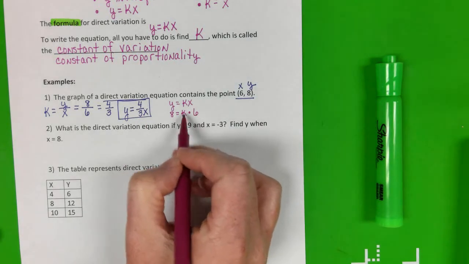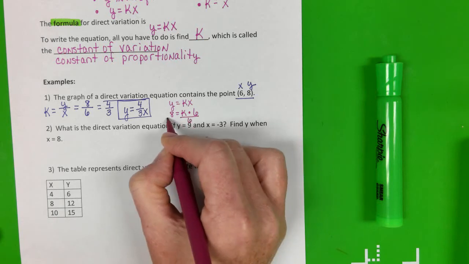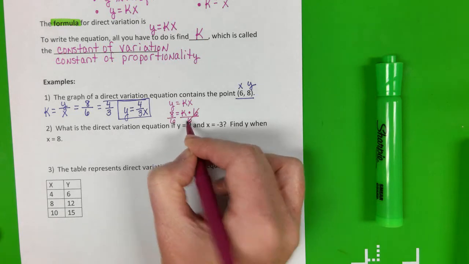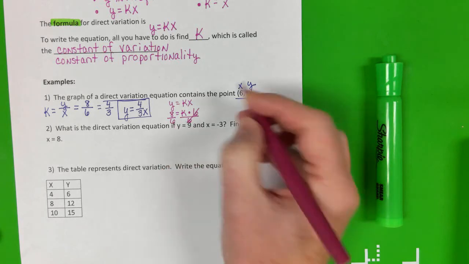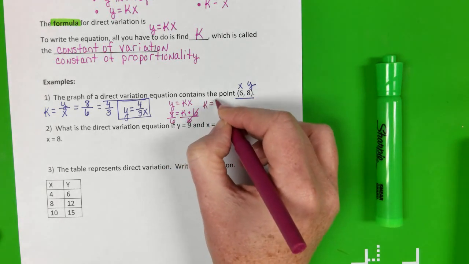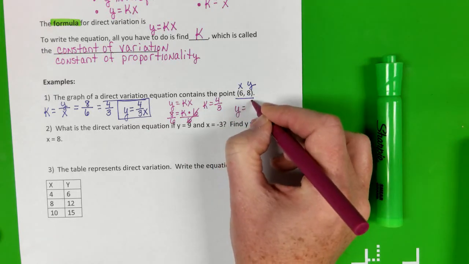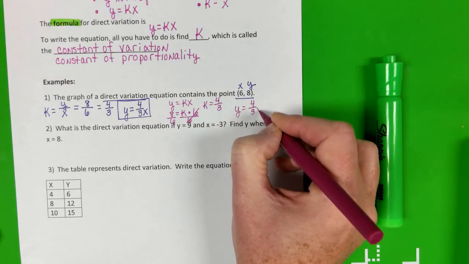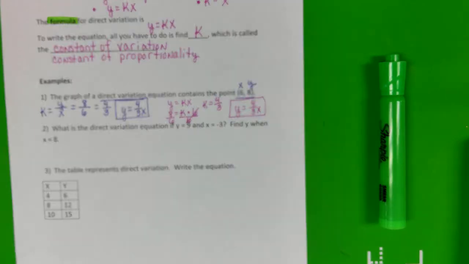To solve for k times x, the opposite is to divide by x, or to divide by 6. Times 6, divide by 6. That's the opposite. So that's still giving us the same result of 4/3. And so it would still be y equals 4/3 x. So two different ways that you can find the k.